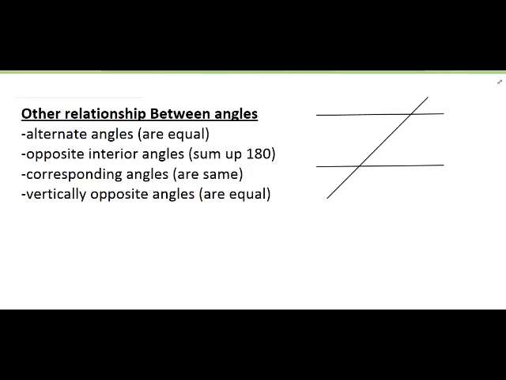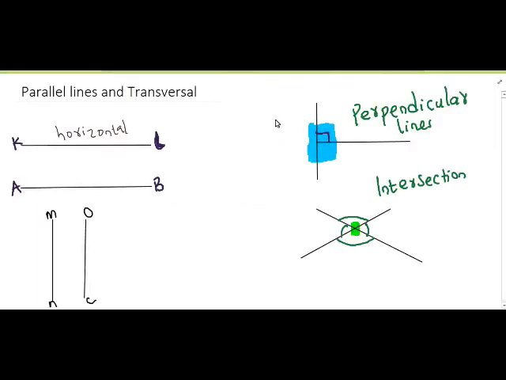So whenever we have, I didn't talk about transversals. Like for this, for example, now if we have a line cutting, I know I told you about parallel lines, right? If we have a line cutting across this parallel line, this line cutting across it is known as a transversal.